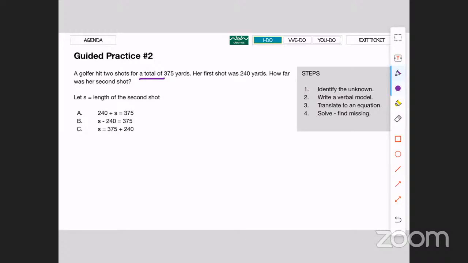Okay. And her first shot was 240 yards. How far was her second shot? So again, it's the same thing. So the first is equal to 240, and the second shot is equal to how many yards? So we don't know it.